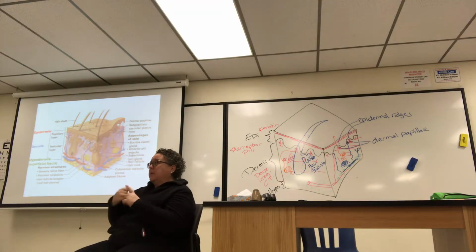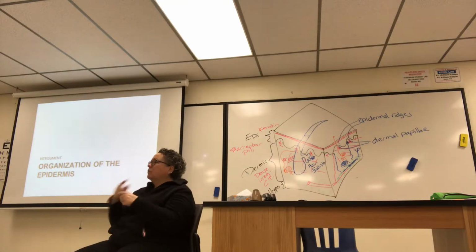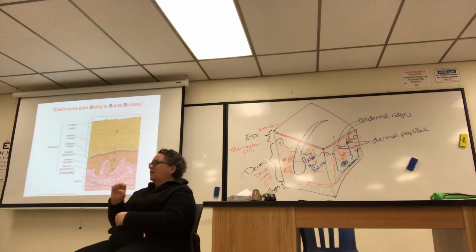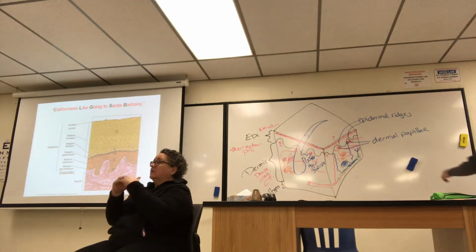Well, I'm going to go back to this slide, and I'm going to just skip it now, right? Because I taught everything I wanted to using the app. But there are some slides that show us the organization of the epidermis that the app doesn't show. The different strata of the epidermis.